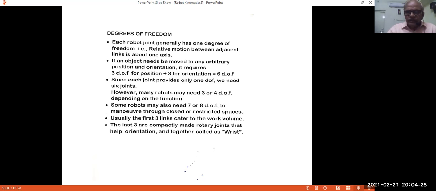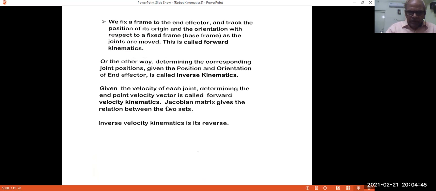And the last 3 joints are normally three very compactly made rotary joints called the wrist. They're more catered towards providing the kind of orientation required at any point in the trajectory of the robot manipulator.